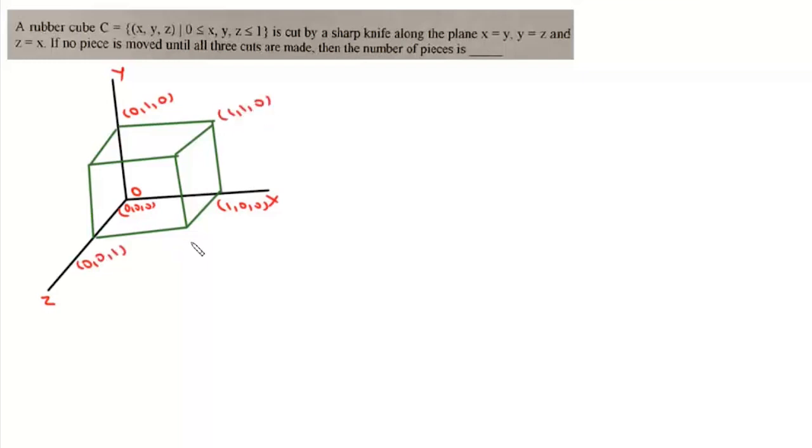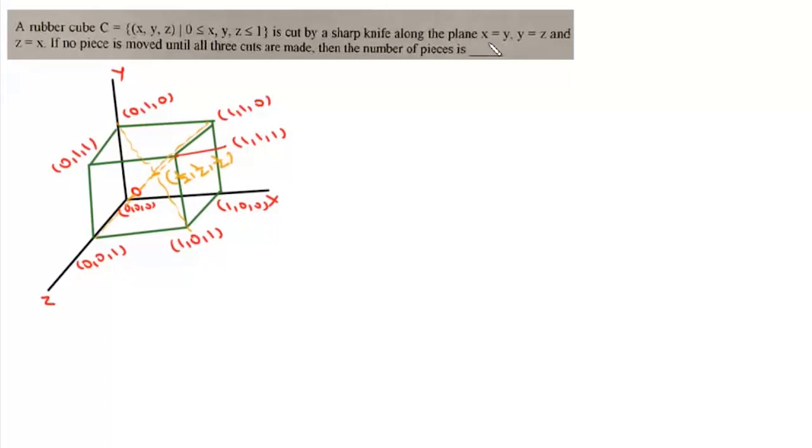This is 1, 1, 0. This is 1, 0, 1. This is 0, 1, 1. This point is 1, 1, 1. And their diagonals will all intersect at 1 by 2, 1 by 2, 1 by 2.